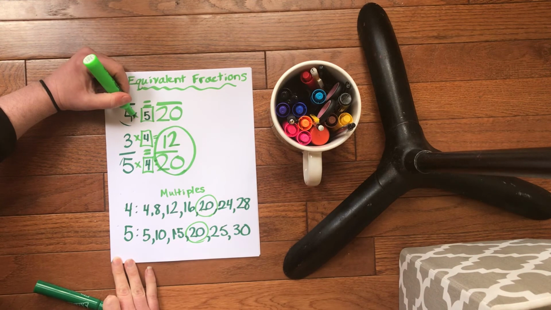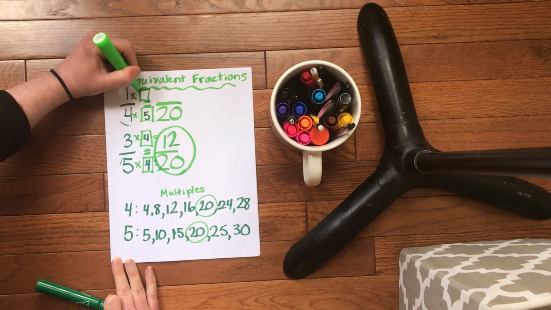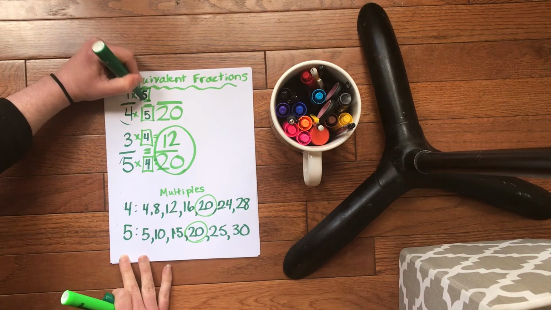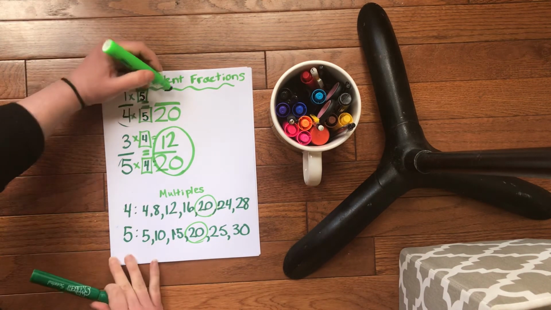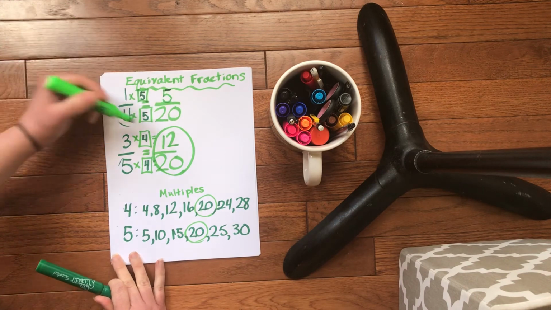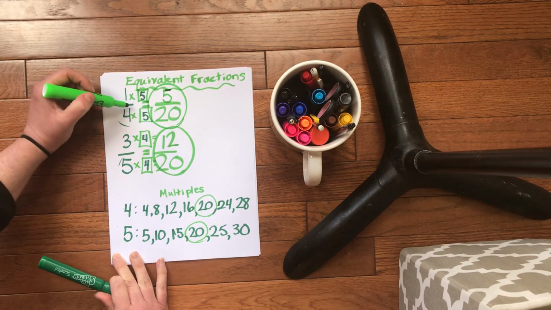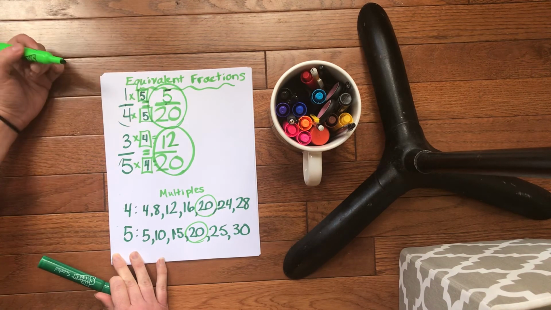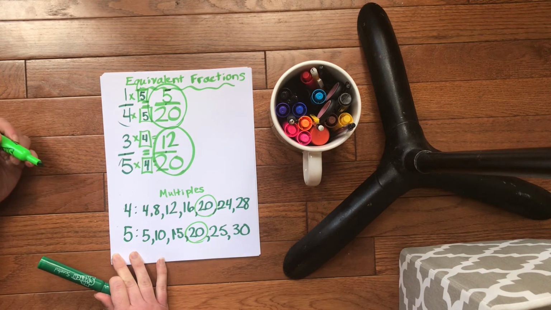If I multiply the bottom by 5, I'm going to multiply the top by 5. 1 times 5 is 5. Wow, look at that. Okay, now I have 2 equivalent fractions. This 1/4 is equal to 5/20. 3/5 is equal to 12/20.